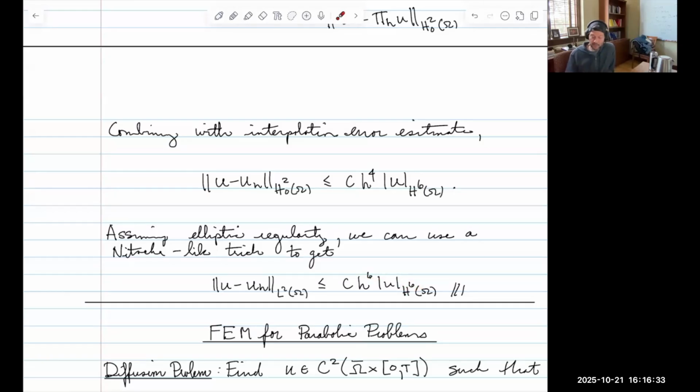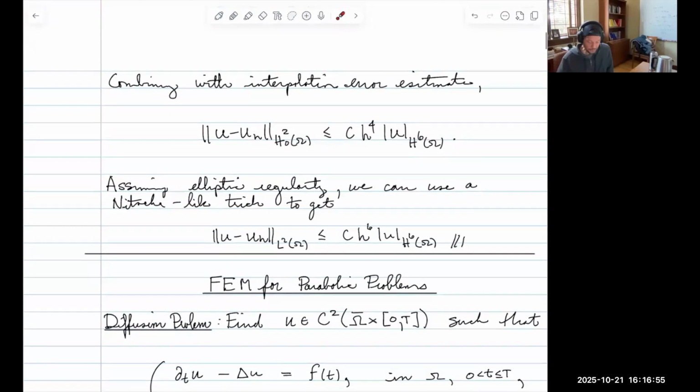And the order of the polynomials is 5. We're essentially getting the order of the polynomial plus 1 for the overall order of convergence in L2. So in that sense, this seems to be more or less optimal. We won't talk anymore, at least for this problem, about optimality, but that is essentially optimal.